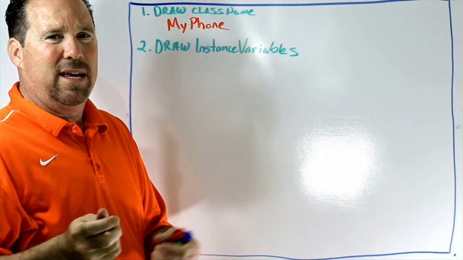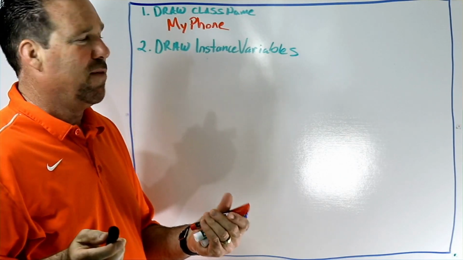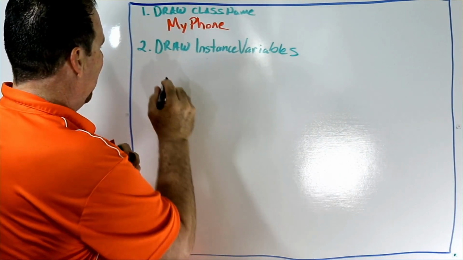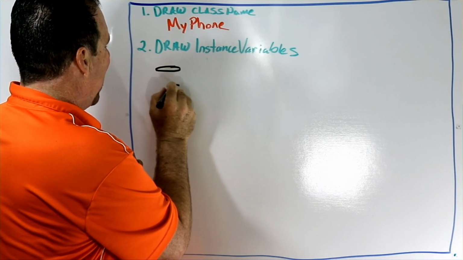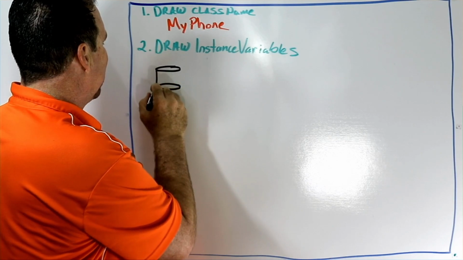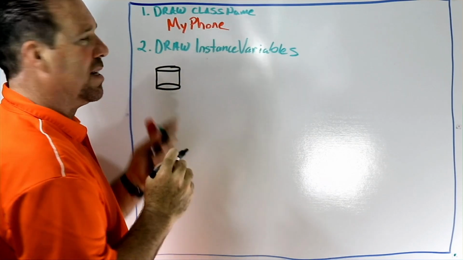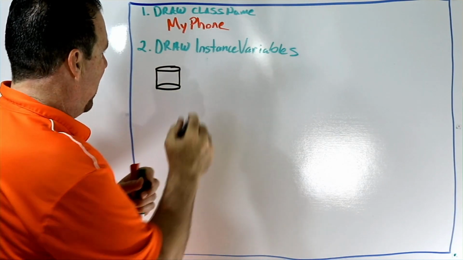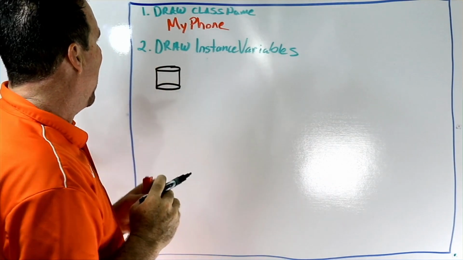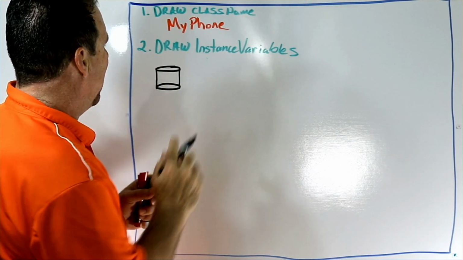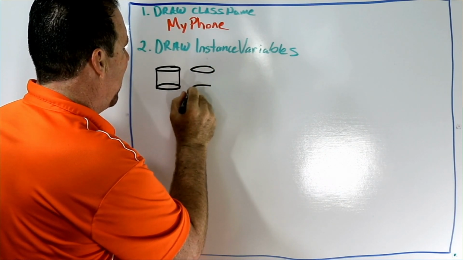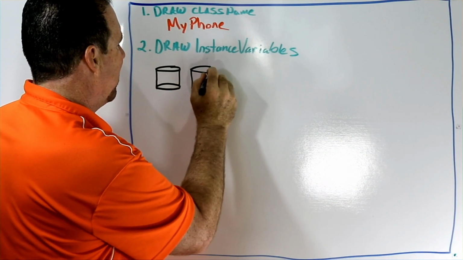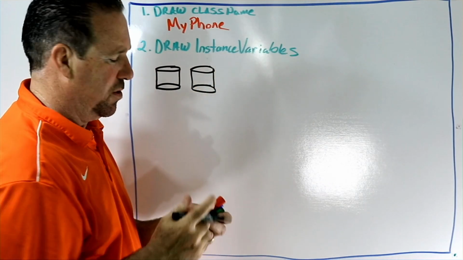Now, in computer science, they have a way of showing data, and they use a little thing like this. In fact, Oracle, the great database company, actually built two buildings like that. That's data. If you remember right, MyPhone had two pieces of information, so I'm going to draw two of these. You don't have to draw these; you can just write it, but it's a good visualization tool.